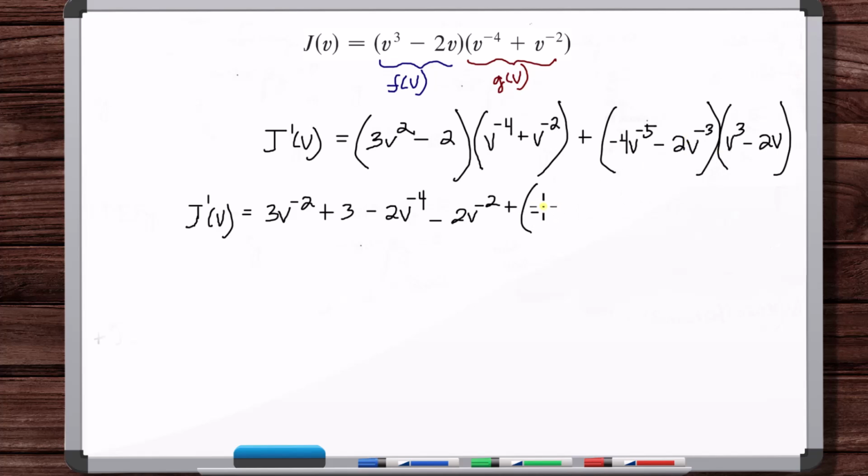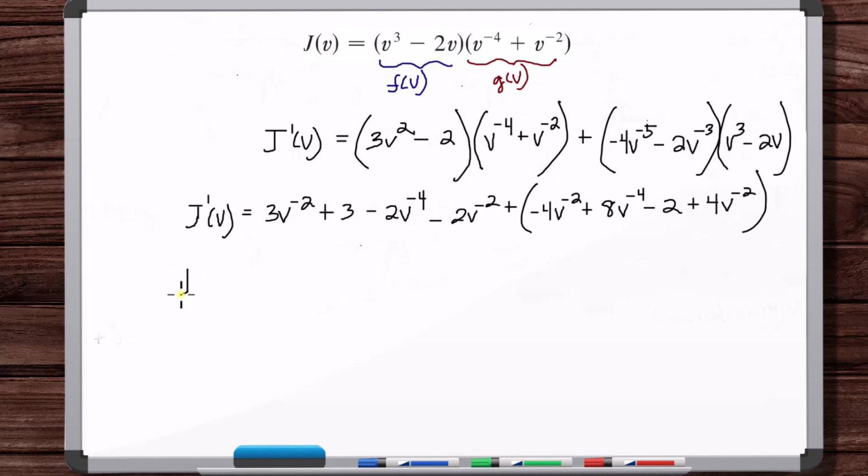So minus 4v to the minus 5 times v cubed is v to the minus 2, plus 4 times 2 is 8, v to the minus 5 times v to the first, v to the minus 4, minus 2, and just 2, v cubed, v to the minus 3 times v cubed is just 1, plus 4v to the minus 3 times v to the first is v to the minus 2.